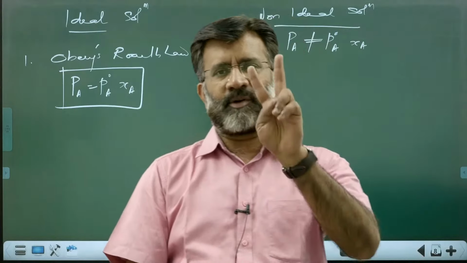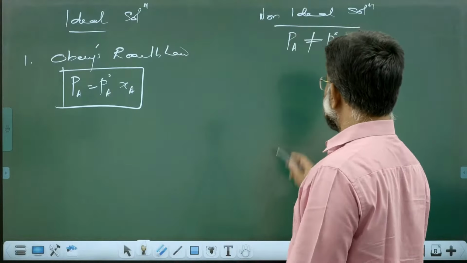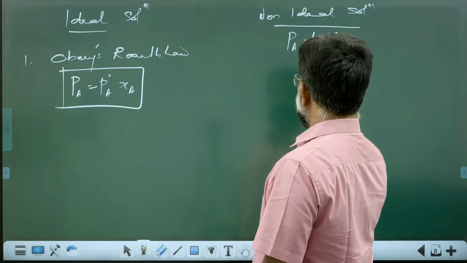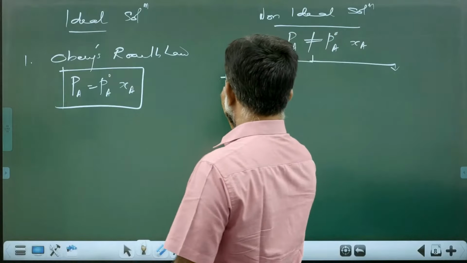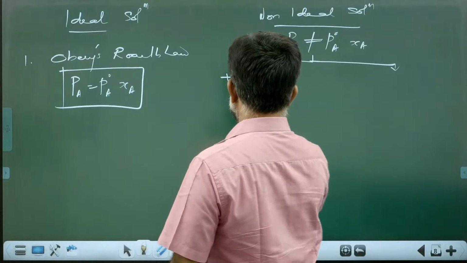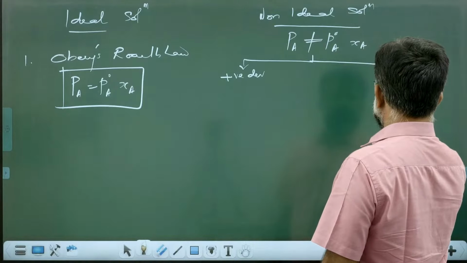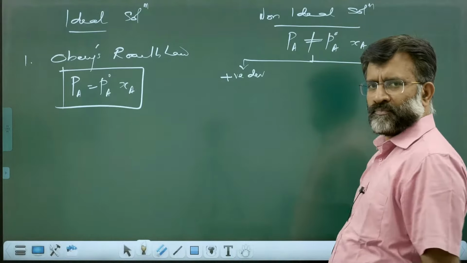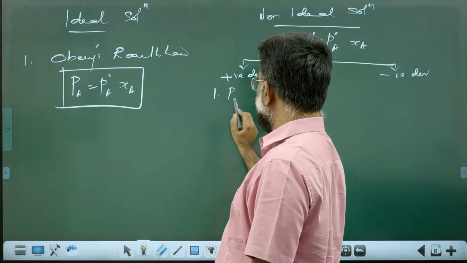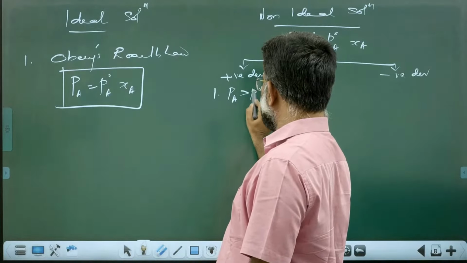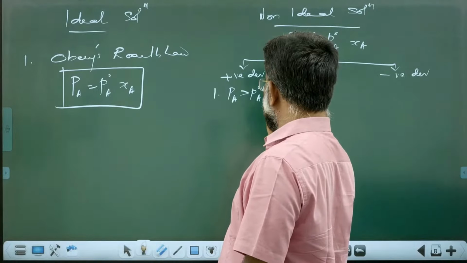There will be two characteristics for non-ideal solution. All of you know, non-ideal solution will be the one with the positive deviation and the one with the negative deviation. What about positive deviation? For positive deviation, PA will be greater than P naught A XA.